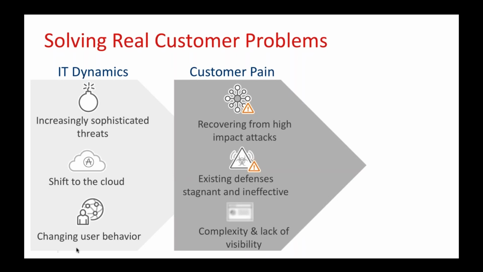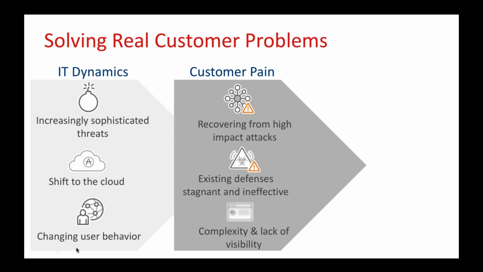The main pains we have, obviously, for customers is recovering from high impact attacks. Once they've been hit, how do they actually react to that? Normally it's followed by some kind of fine, depending on what organisation or sector that company is in. The existing defences they have are often not very effective because they've been there for a while.